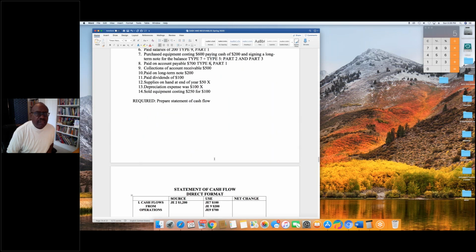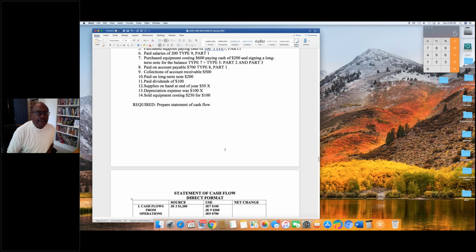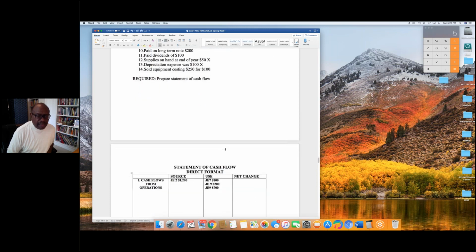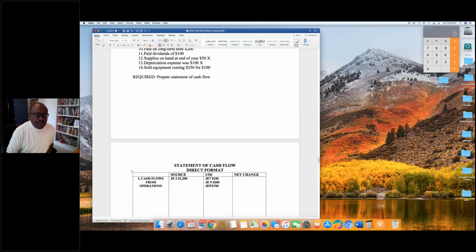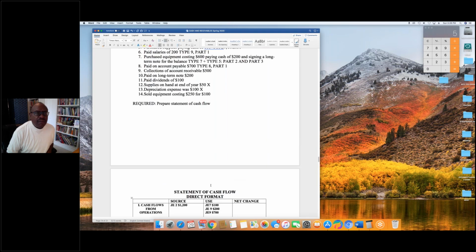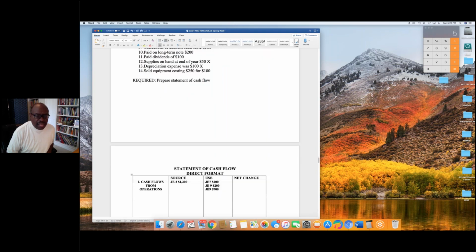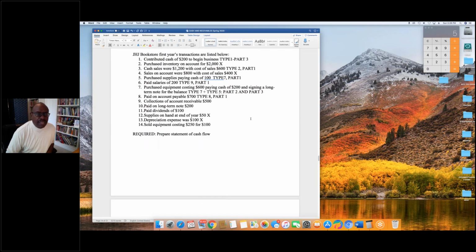So when we pay on the account payable, it is actually a type 8. And when we pay the salary, that's a type 9.